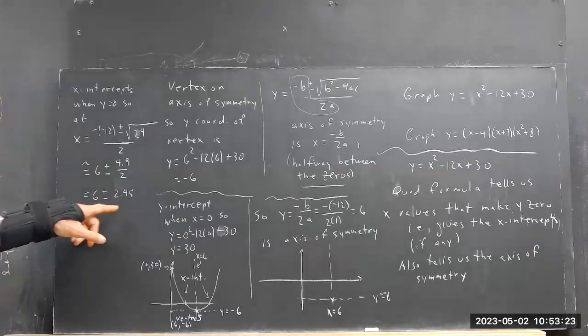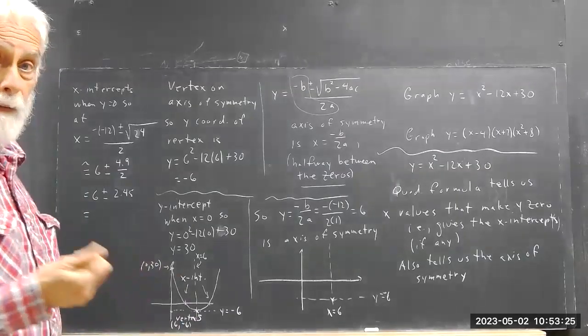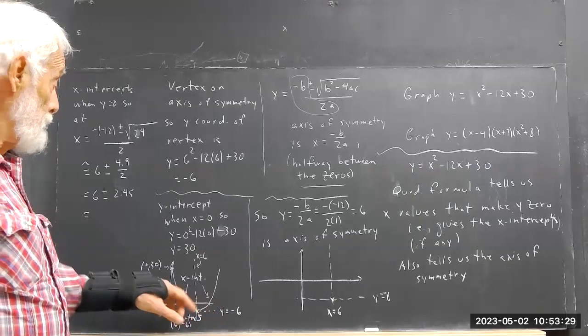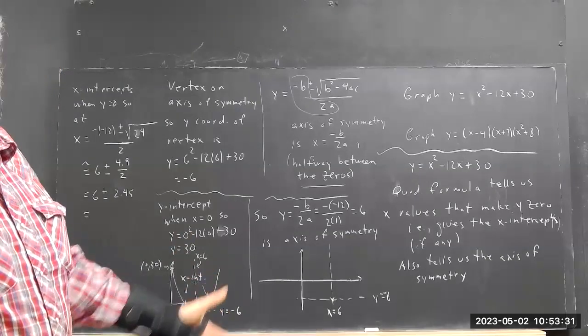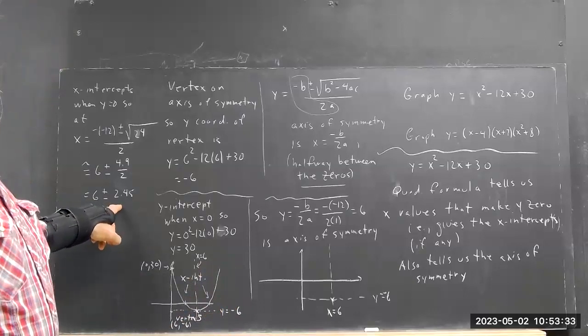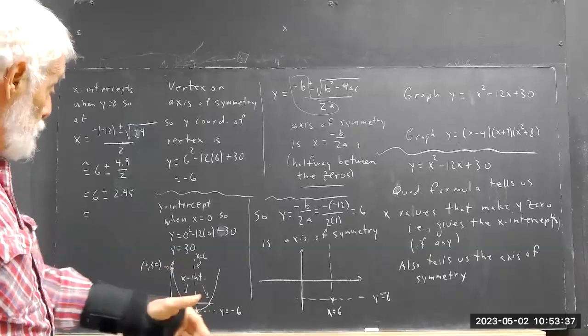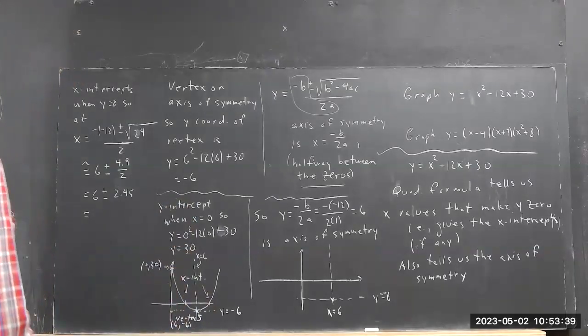Okay. We get 6 plus or minus 2.45, if I did that right. And that kind of validates my graph. I said it'd be 2-3 units to the left, 2-3 units to the right, well, it's 2.5 units. Real close to 2.5 units left and right of the vertex. Okay.